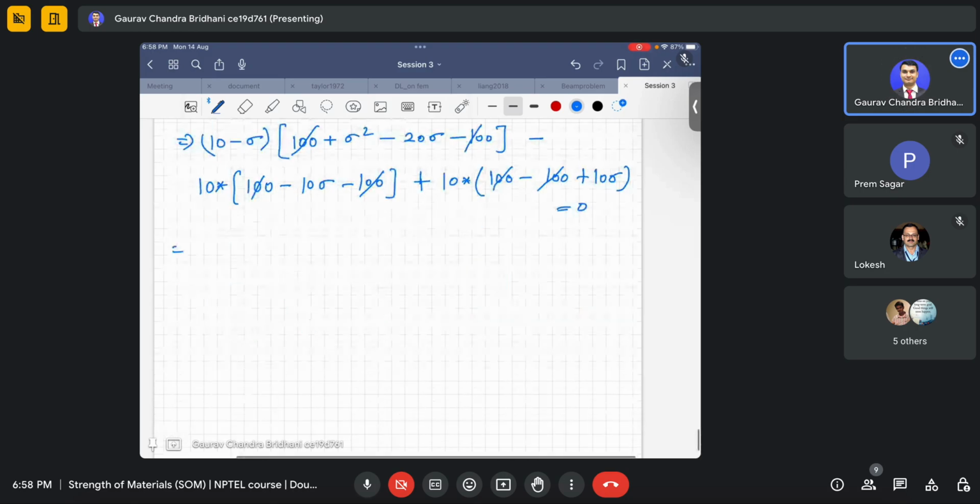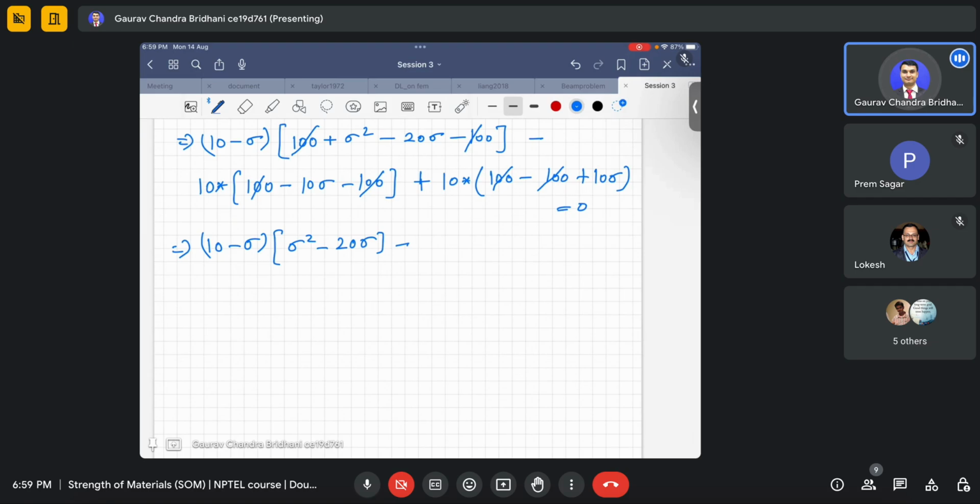What we are left with is 10 minus sigma times (sigma square minus 20 sigma), and minus, with another minus inside, this becomes plus, and 10 into 10 is 100 sigma, and the last term is also plus, so it remains 100 sigma equals 0.